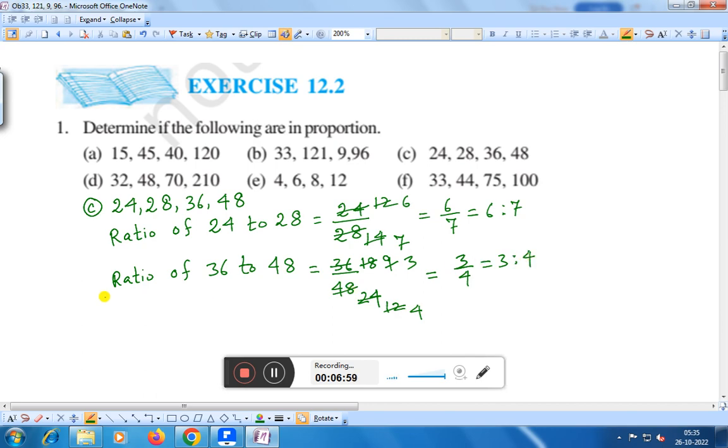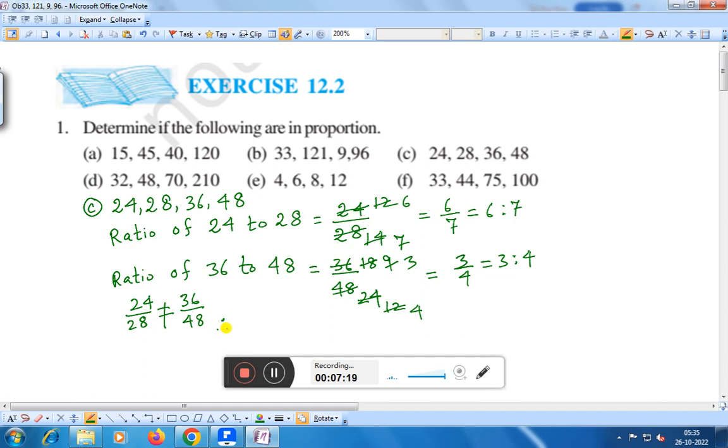Now since the ratios are not equal, you can say that 24 by 28 is not equal to 36 by 48.